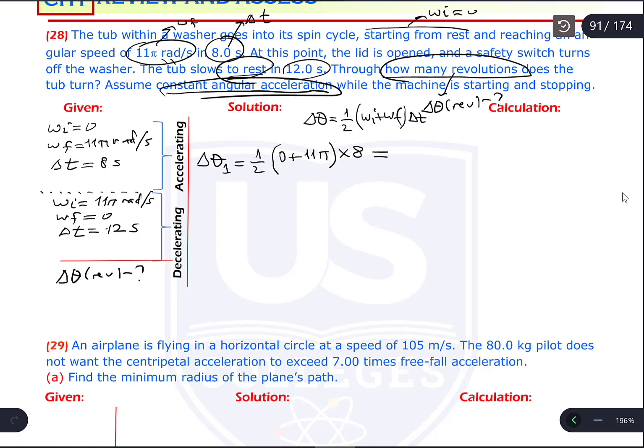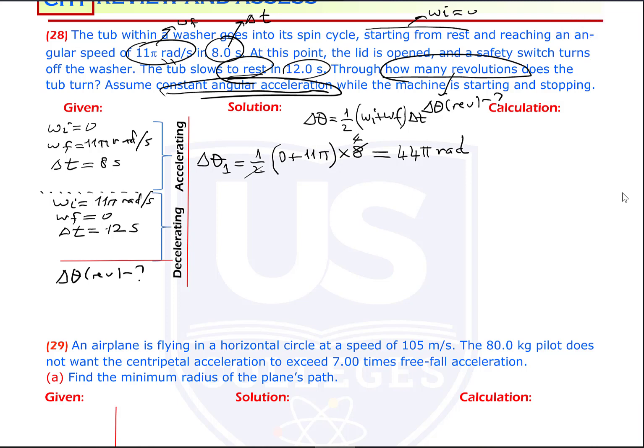So when I do this calculation, 8 over 2 becomes 4. 4 times 11 pi, because 0 has no addition. 4 times 11 becomes 44 pi. So angular displacement during this acceleration part is 44 pi.